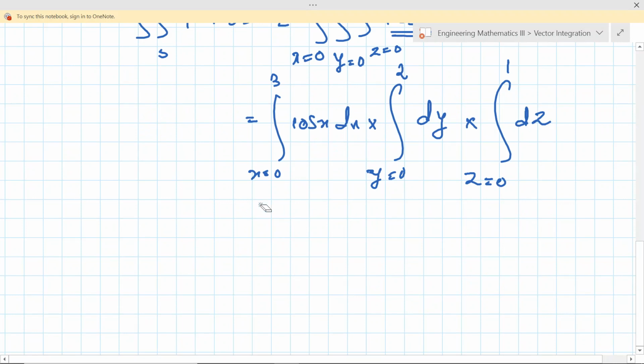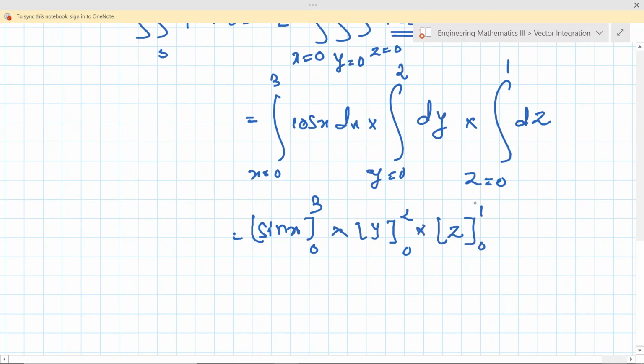Now, what is the integration of cos x? This is sin x, from 0 to 3 limits, into the integration of 1 with respect to y, which is y from 0 to 2, and into the integration of 1 with respect to z, which is z from 0 to 1.